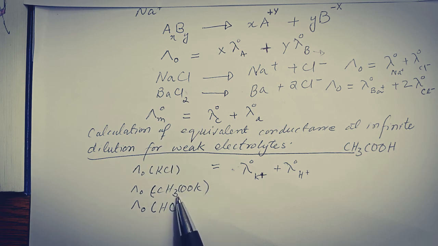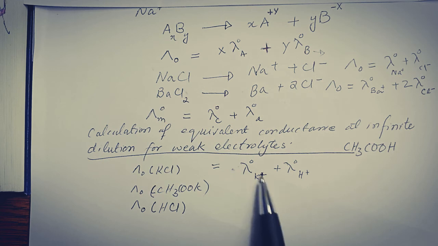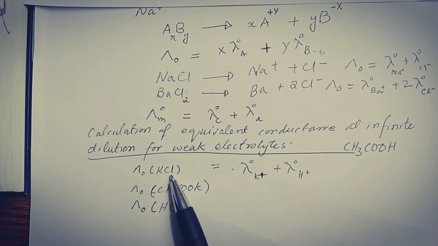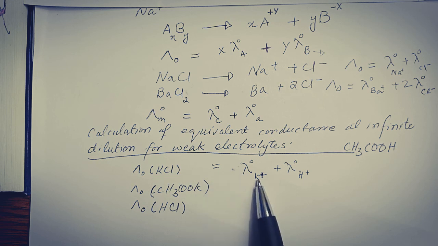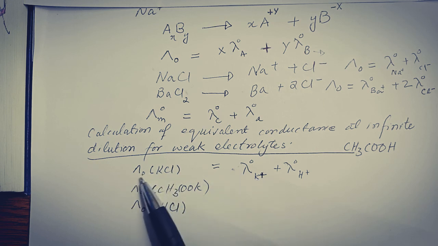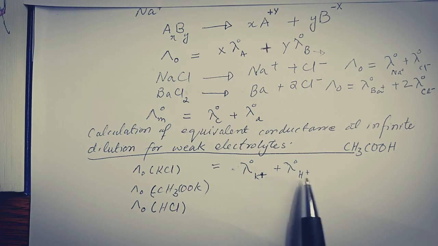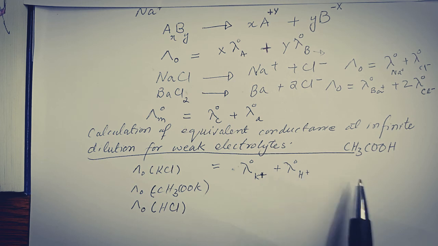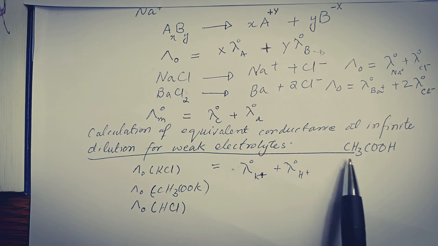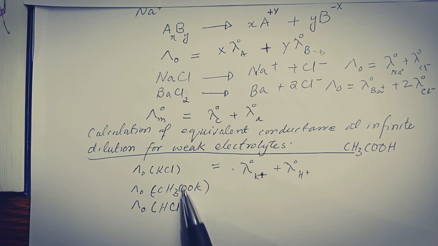And as we have measured the equivalent conductance of the full electrolyte, we cannot measure the ionic conductance of one anionic or cationic species, because we have the electrolyte which is actually giving the value of the conductance, that is the combination of cationic and anionic species. So let's see how we can calculate the conductance for the acetate or the acetic acid. For this purpose, let's take three kinds of electrolytes. First is potassium chloride.